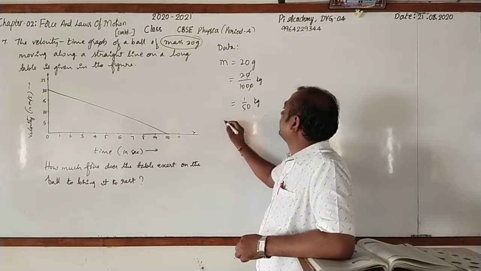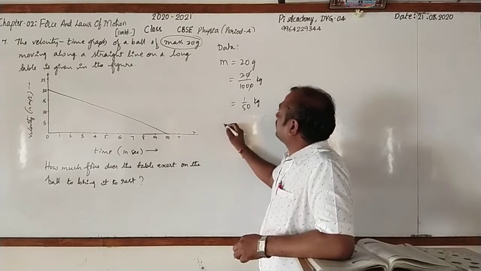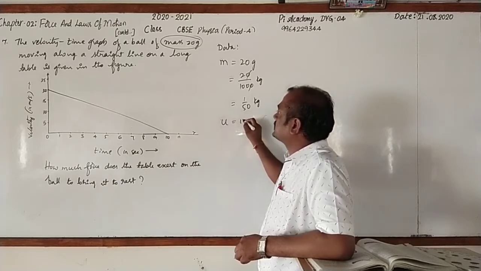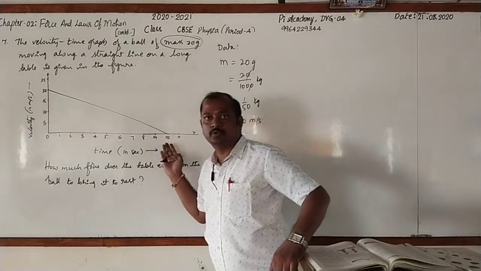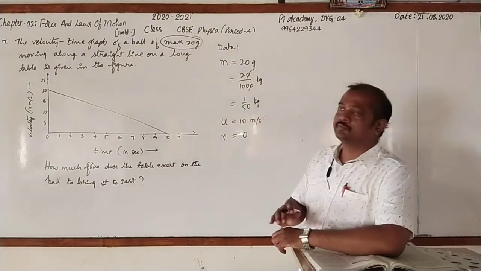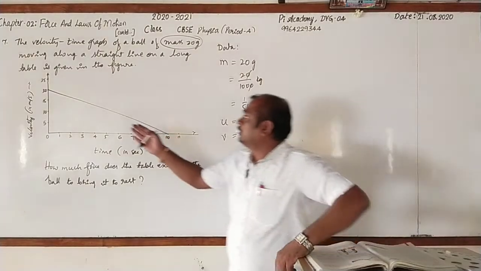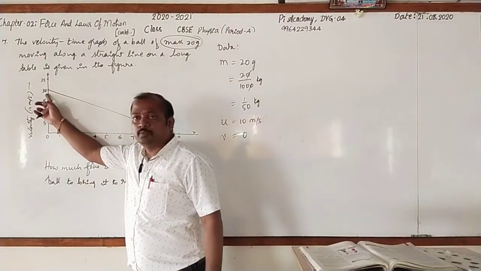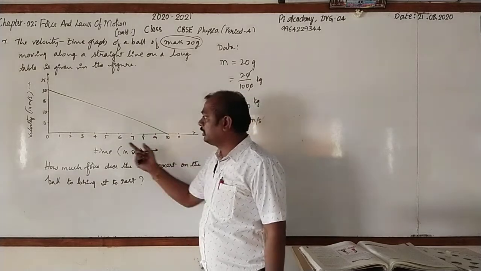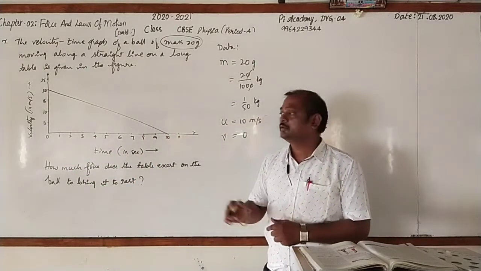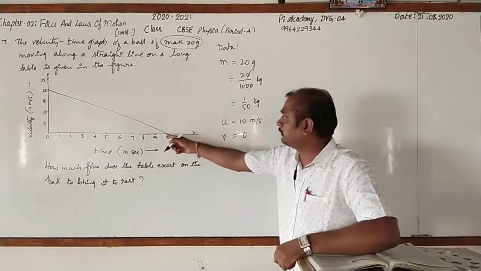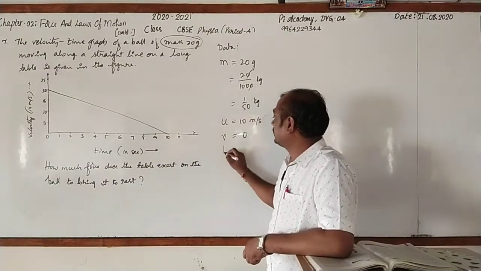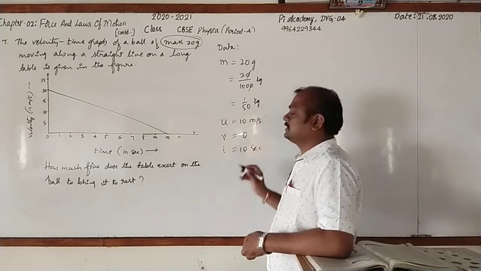Here I'll write initial velocity U is 10 meter per second and final velocity V has come to 0. To change its velocity from 20 meter per second to 0, how much time has it taken? Observe from this graph only. It has come to rest after 10 seconds. We can write t is equal to 10 seconds.